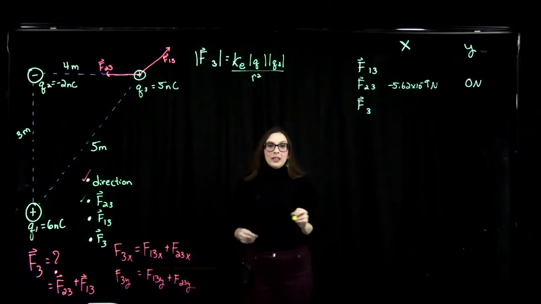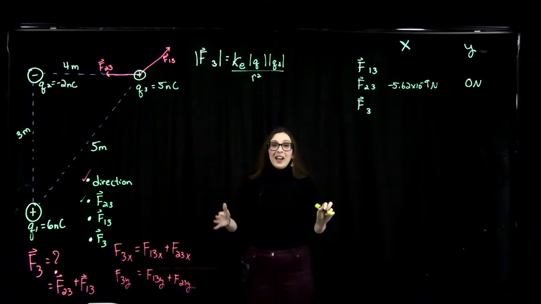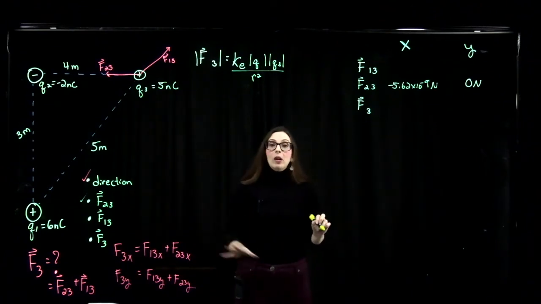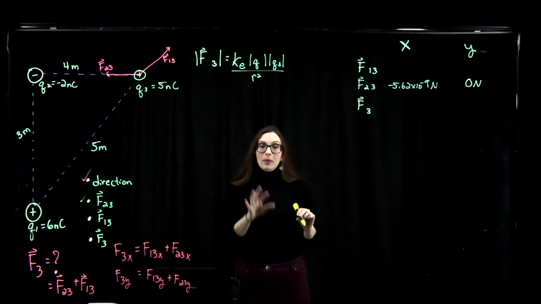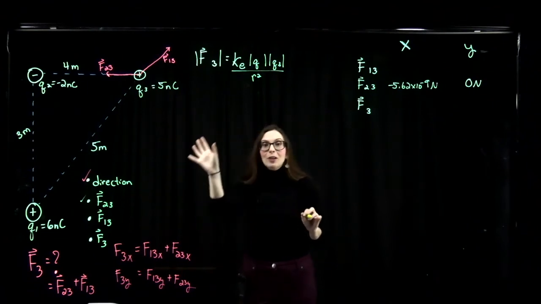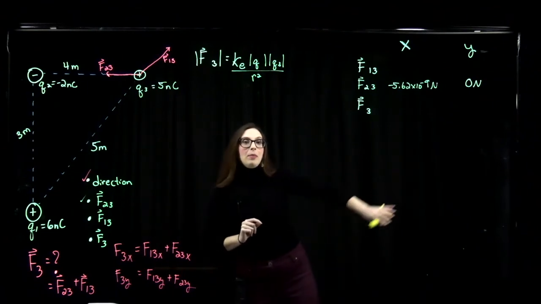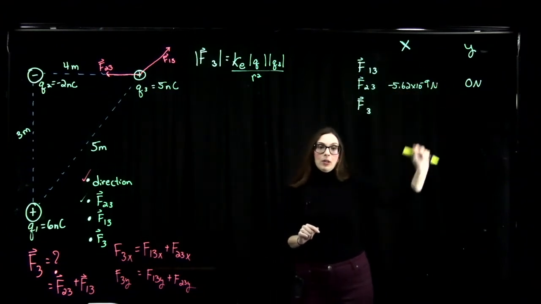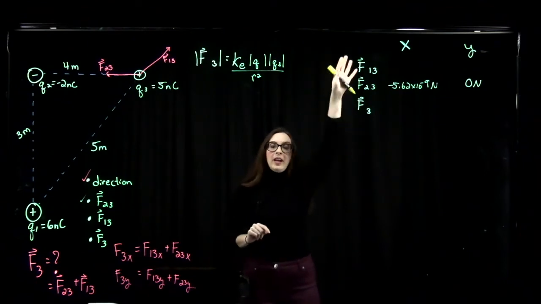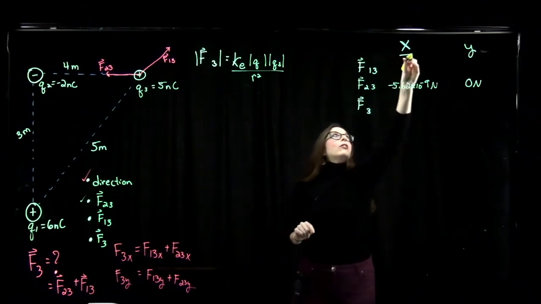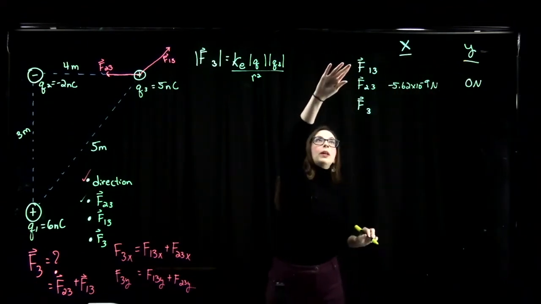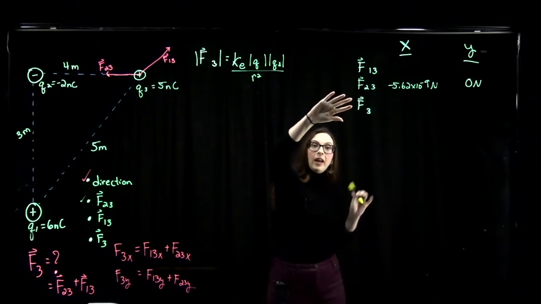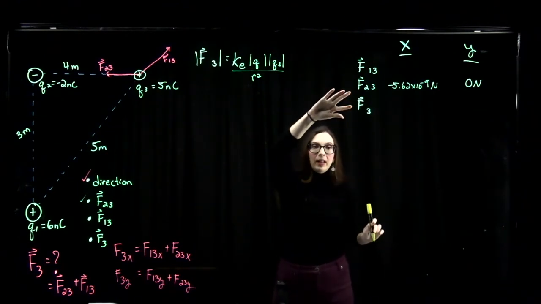Now, in between takes here, I decided to clear up our clutter. It might be a little bit better to organize our thoughts if I place the components of my forces into a chart or a table. So here I've created a table where I've got my 3 forces, F13, F23, and then F3, which is what we're trying to get to in the end.